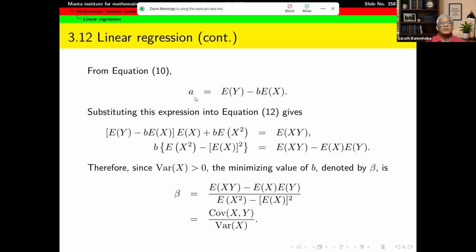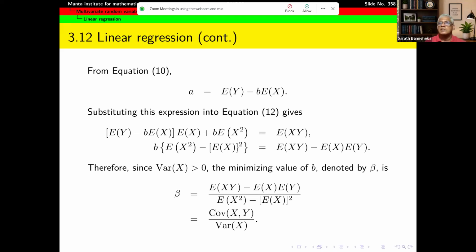So when you solve these two equations, we get a as expected value of y minus b times expected value of x. And if you substitute this a into the previous equation and solve for b, you get this expression: b is equal to this thing divided by this quantity.